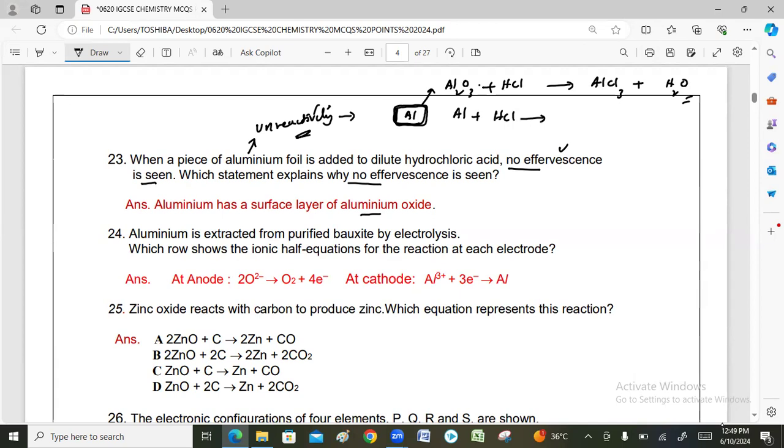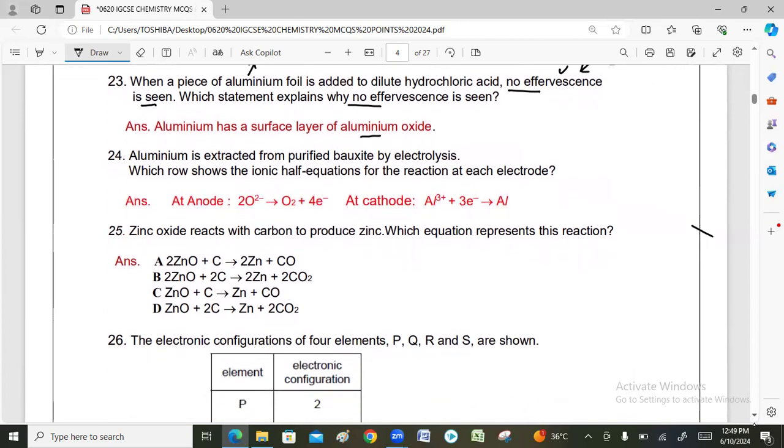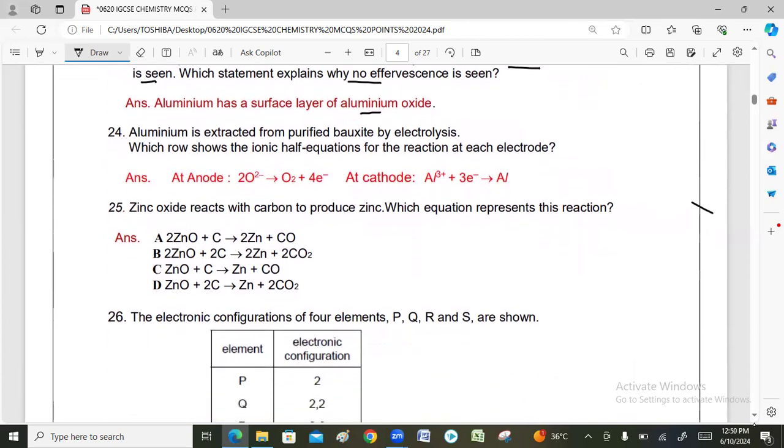So when aluminium reacts, you will get aluminium chloride and hydrogen gas. So this hydrogen gas will produce the effervescence. So aluminium is generally unreactive due to the stable oxide coating. So this is always the answer. Stable oxide coating of aluminium oxide makes the aluminium inactive or unreactive.